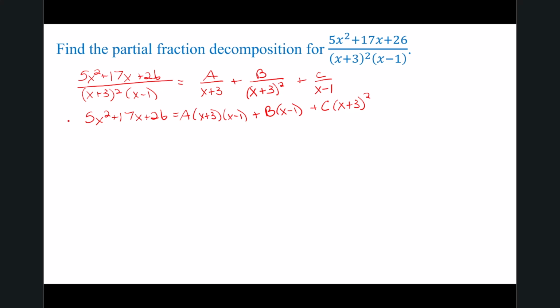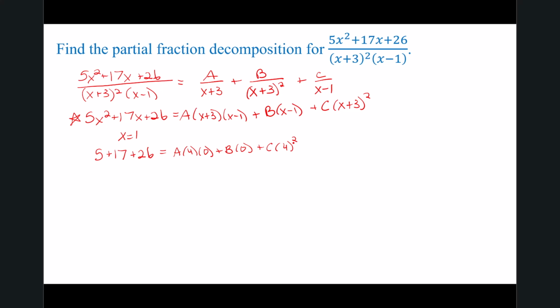Once we've cleared the fraction, every time I plug in a different value for x, I'm going to come back to this right here. So the first value, I'm going to pick 1, because if I substitute x equals 1, then my A and B terms will both be multiplied by 0, and they will disappear. So I'm going to let x be 1. Then I have 5 times 1 squared plus 17 times 1 plus 26 equals A times 4 times 0 plus B times 0 plus C times 4 squared.